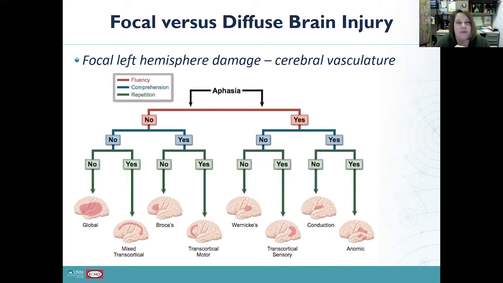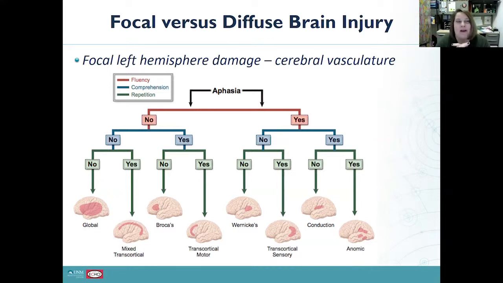So just really briefly, I wanted to talk about the difference between the types of communication problems that happen because of focal left hemisphere damage, specifically that which follows your cerebral vasculature. And that's going to lead to the types of aphasias and language problems that are probably more comfortable for you. We know a lot more about it.